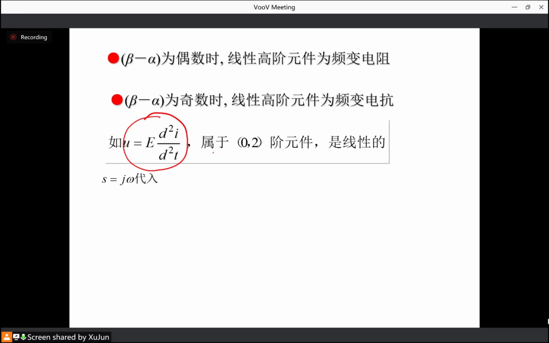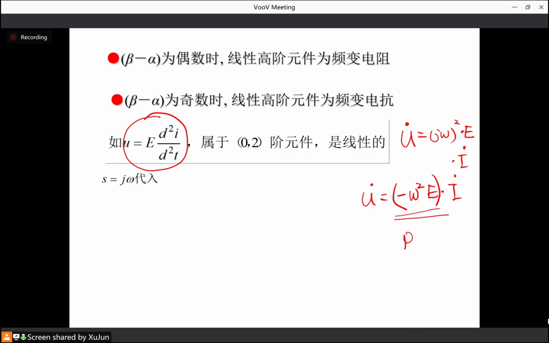In the sinusoidal steady state, the U phasor will equal to the differential two times, which gives (j omega) squared multiplied by E and multiplied by I. Sorry, E multiplied by I. The (j omega) squared equals minus omega squared, so U equals minus omega squared E multiplied by I. So we can treat this as a resistor.